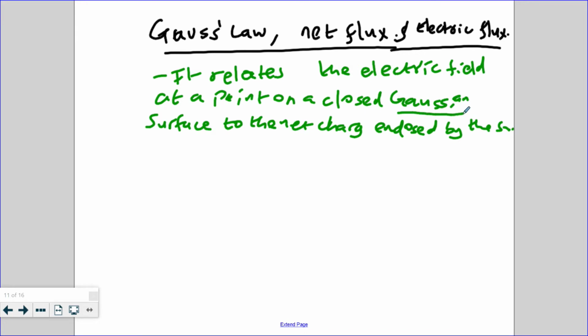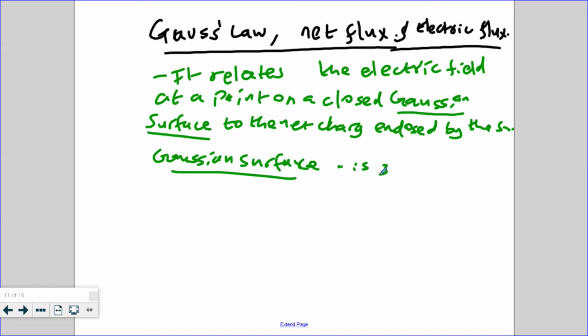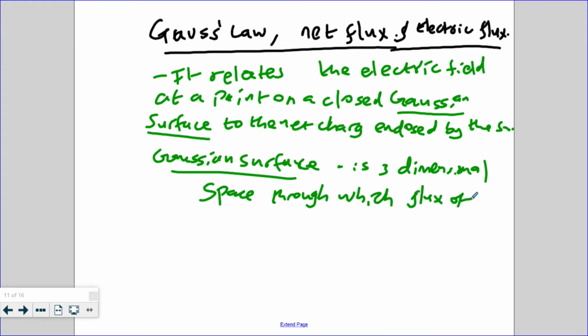From our definition, the Gaussian surface is simply a three-dimensional space through which flux of a vector is calculated. So that is what is termed as a Gaussian surface.